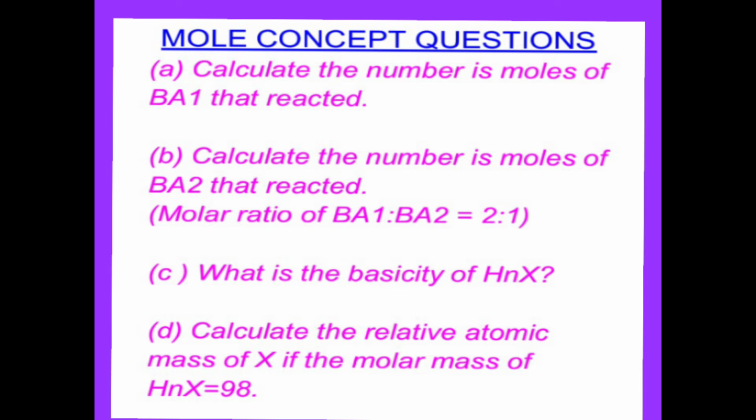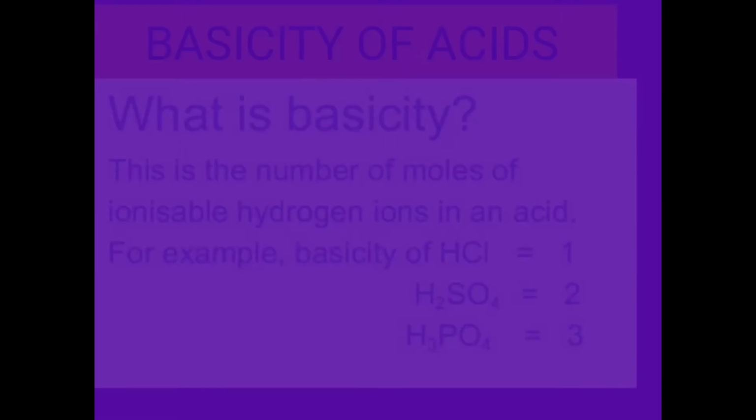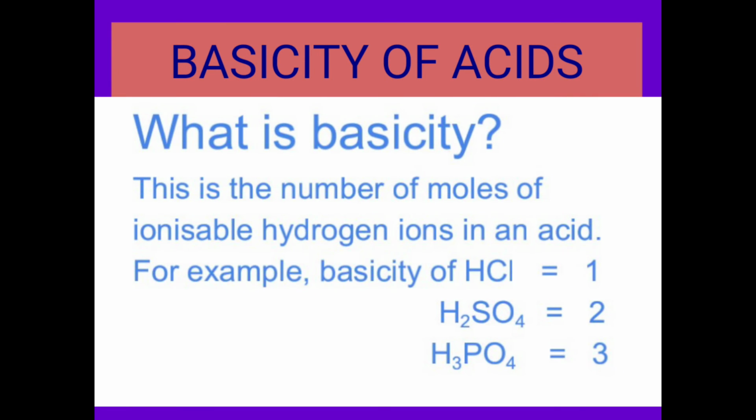Okay, so let us first look at basicity. We look at some concepts in basicity which will help us answer any question that could be coming from this area. Now, what do we mean by basicity of an acid? Basicity of an acid here simply means the number of moles of ionizable hydrogen ions in a molecule of an acid.